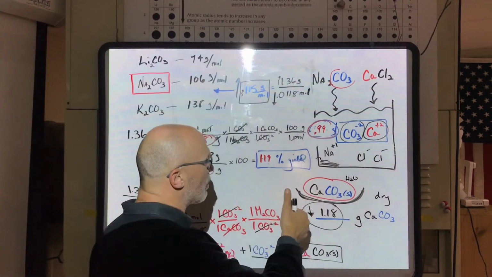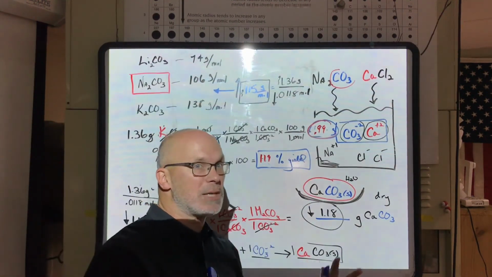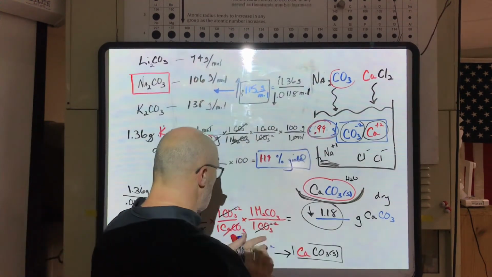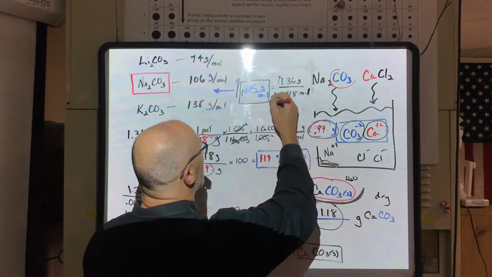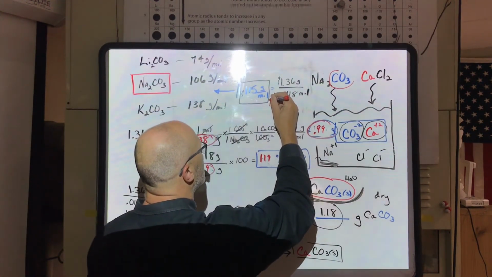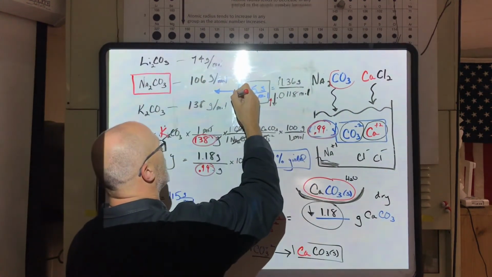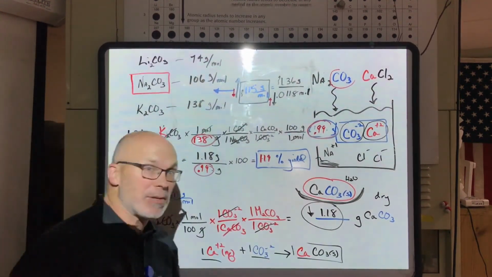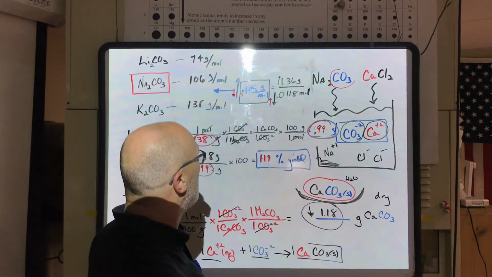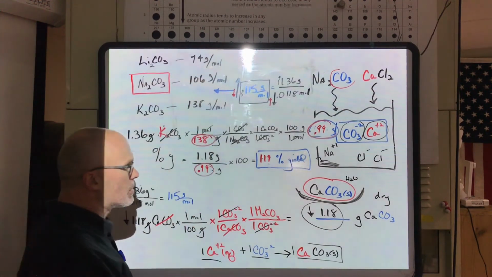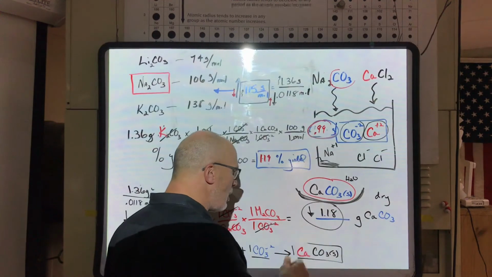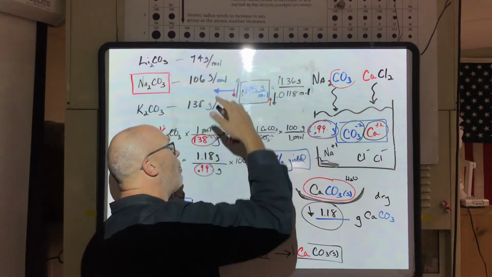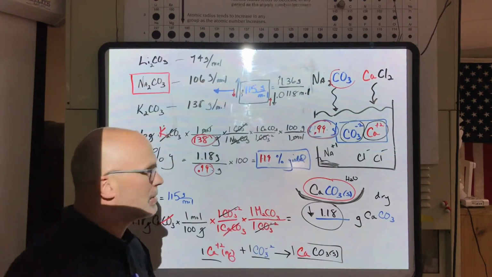So having water still on the precipitate and or in the filter paper would, in this case, drive this number up a little bit, which would drive this down a little bit. So there's some competing errors here to discuss. So if I had some water here, this would give me an overestimate of the grams, which would make my moles bigger and this lower. So there's some competition here.